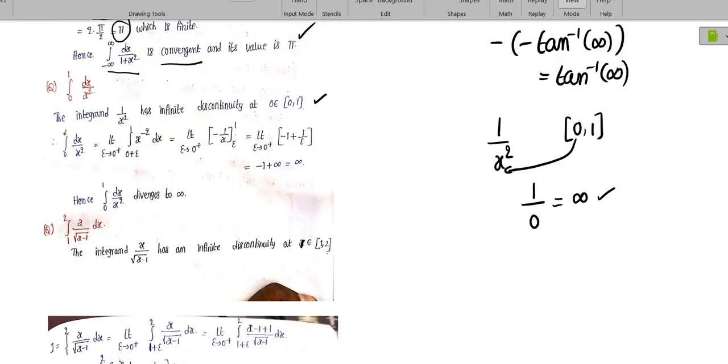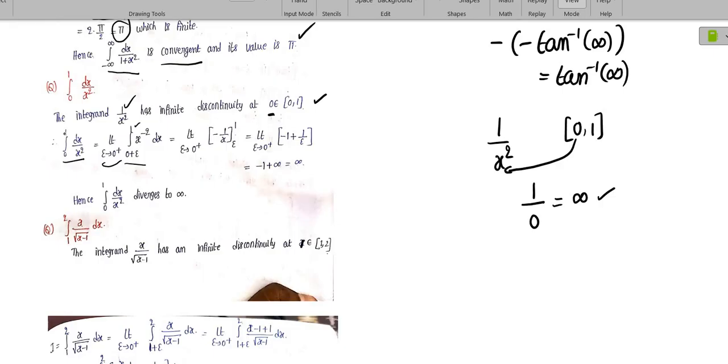In the next step, I am taking the integration from 0 to 1 of dx by x square. Now I want to check whether this integration diverges or converges. Here at 0, the integrand has an infinite discontinuity. That's why I am writing 0 plus epsilon, and the limit is taken as epsilon tends to 0 plus.